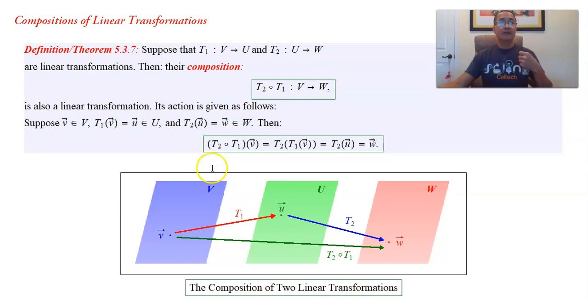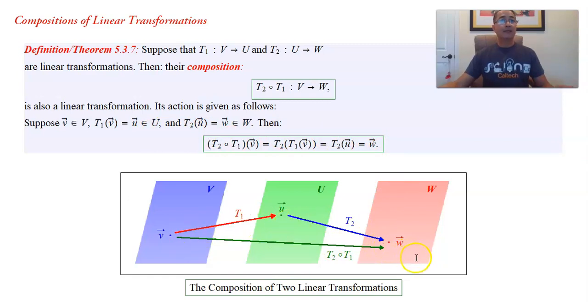And it's essentially the same recipe. Start with a vector v in the domain capital V of T1. T1 of v is some vector u from capital U, the codomain. And then you can plug u into T2, so you'll get some vector w from capital W. So the composition T2 compose T1 of v is T2 evaluated at T1 of v, which is of course T2 of u, which will be our w.